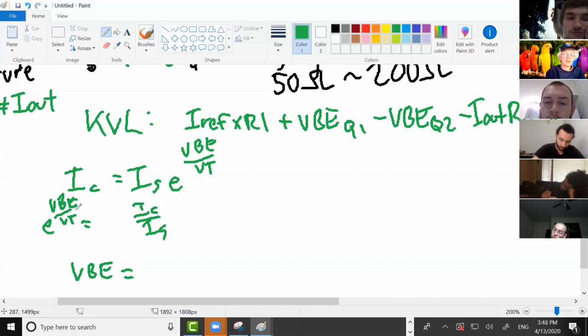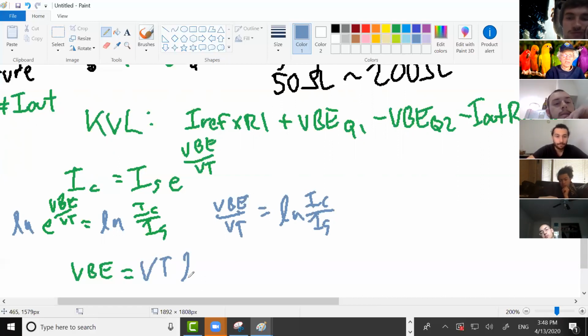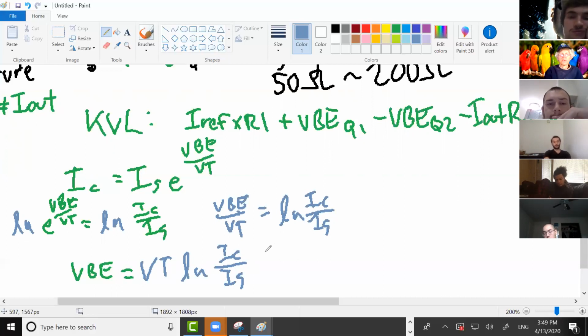Get that right? Yeah. And then I'm going to take the natural log of both sides. So I get VBE over VT equals natural log of IC over IS. And when I solve for VBE, I get VT natural log of IC over IS. Do you agree with that one? Okay. All right. So this equation right here is more accurate than just approximating as VBE on.